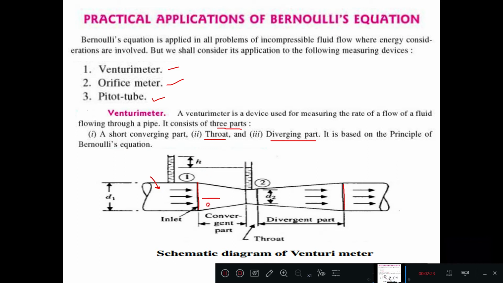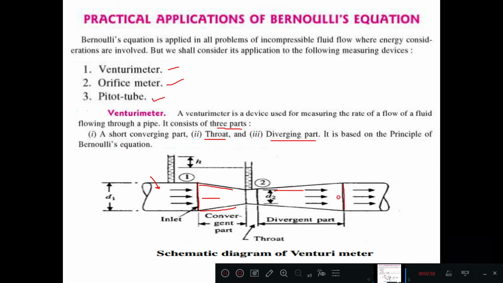As I said, it consists of a short converging conical tube leading to a cylindrical portion called a throat, of smaller diameter than that of the pipeline, which is followed by a diverging section in which the diameter increases again to that of the main pipe.